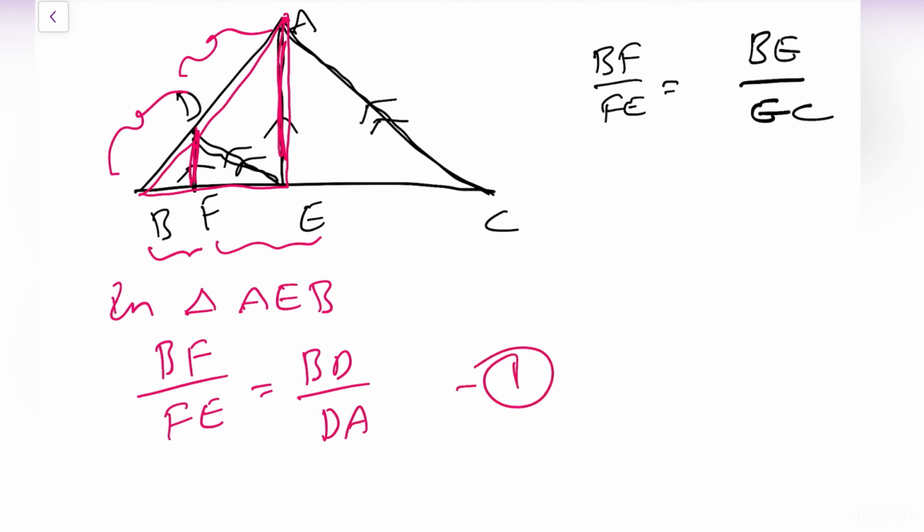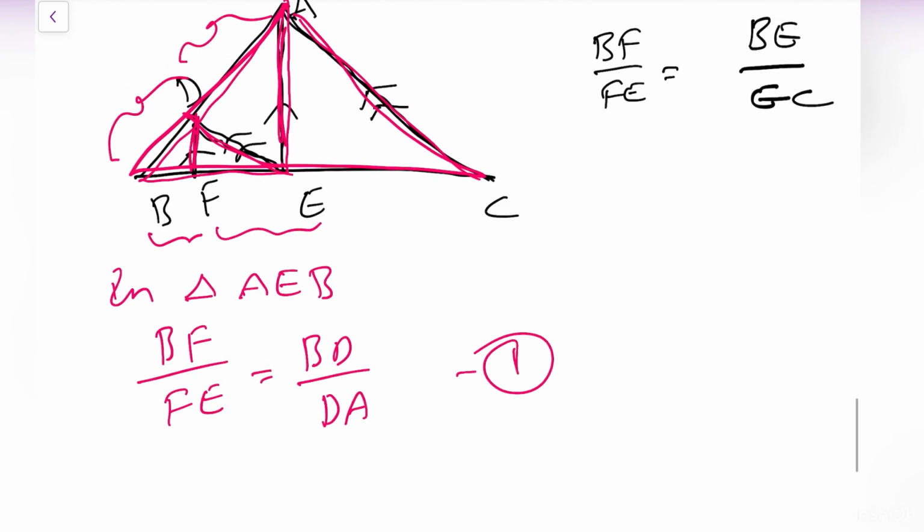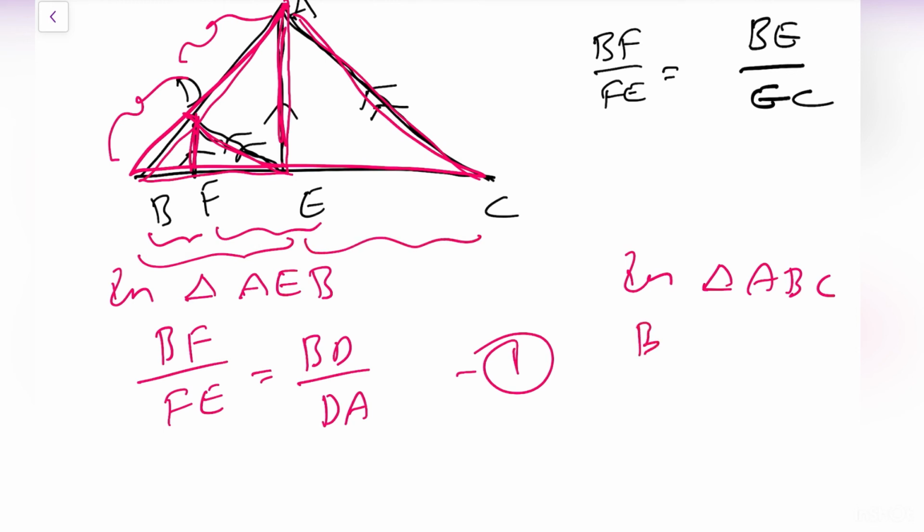Now I will take the total triangle. In this total triangle, ED is parallel to AC. So in triangle ABC, upper one BE and lower one EC, BE by EC equals upper one BD by lower one DA.